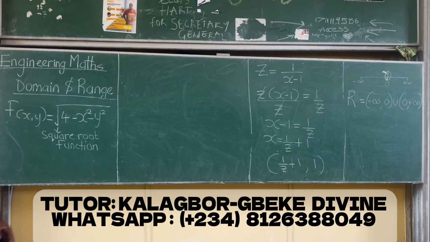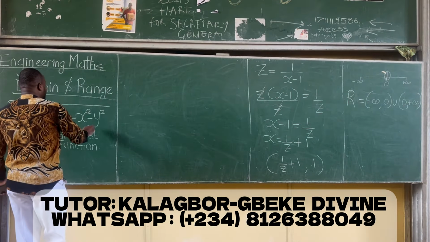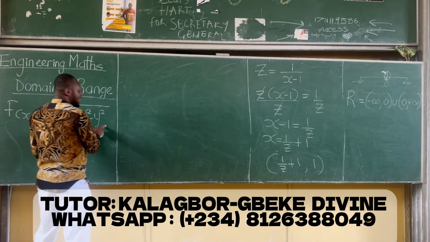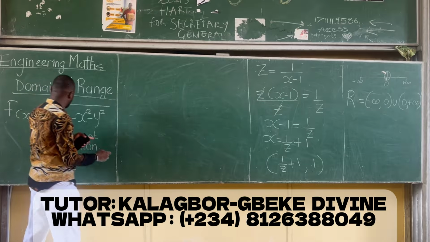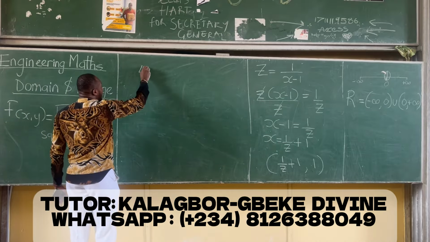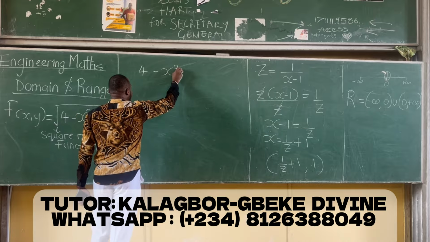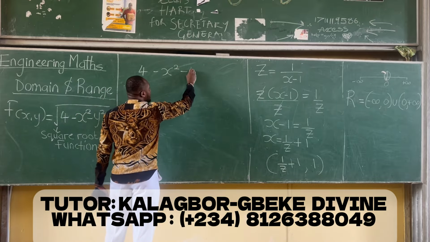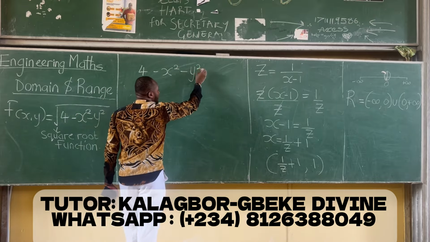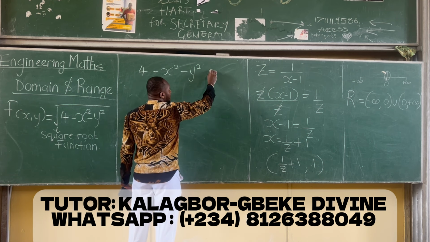So let's proceed. Since the expression should not be negative, we now have that 4 minus x squared minus y squared should be what?